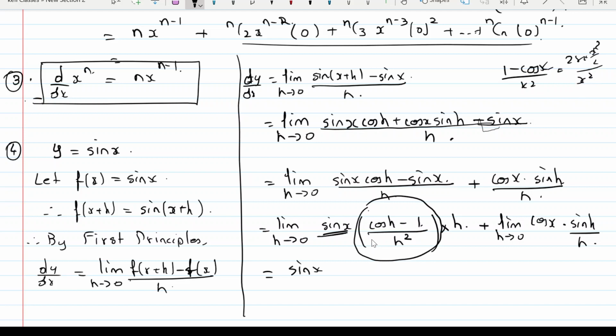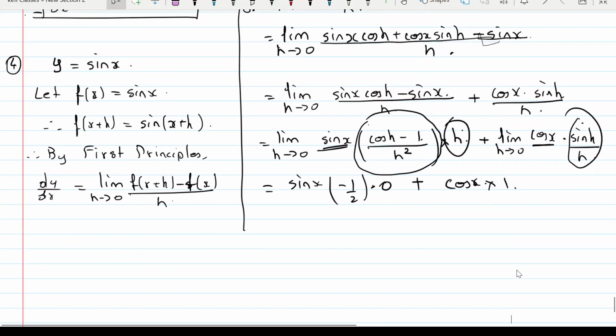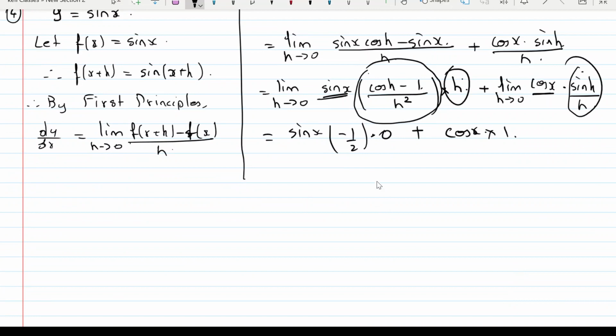But this is opposite right now, cos h minus 1, so this answer will be minus half, and this is into h, and h tends to 0, so it is into 0, plus cos x is a constant, so it will be cos x, and sin h upon h will be 1, so it's 1. So the answer happens to be cos x.